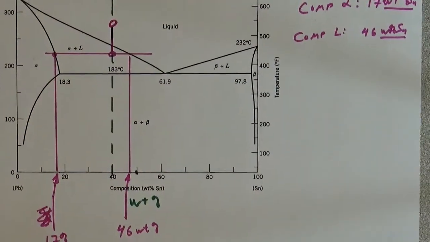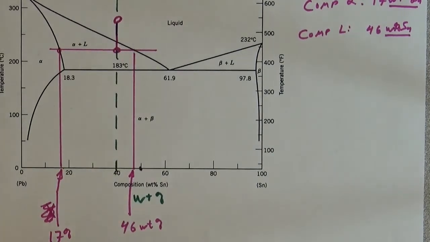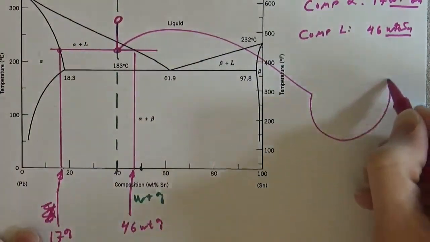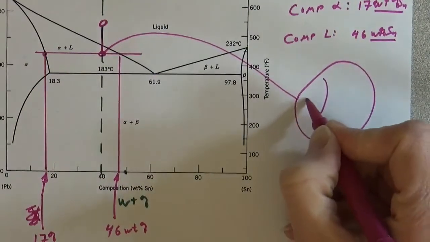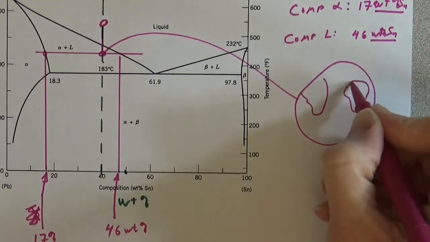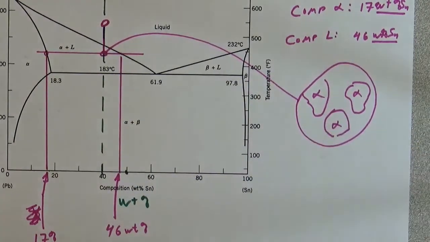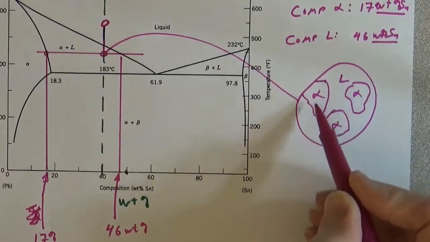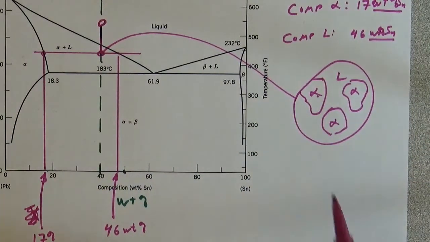Now we know that at this point we have alpha and liquid, and we know the composition of each.